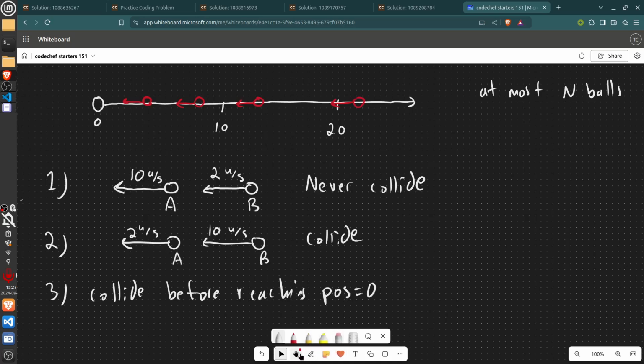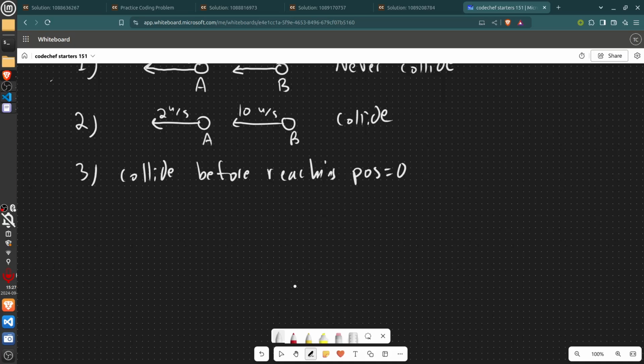Okay, so given two pairs of balls, how might I find this? Given two positions of balls, how may I figure this out, right? So given A and B, how can we do this? Well, the ball has its original start position, and it's going to be moving to the left at some speed.